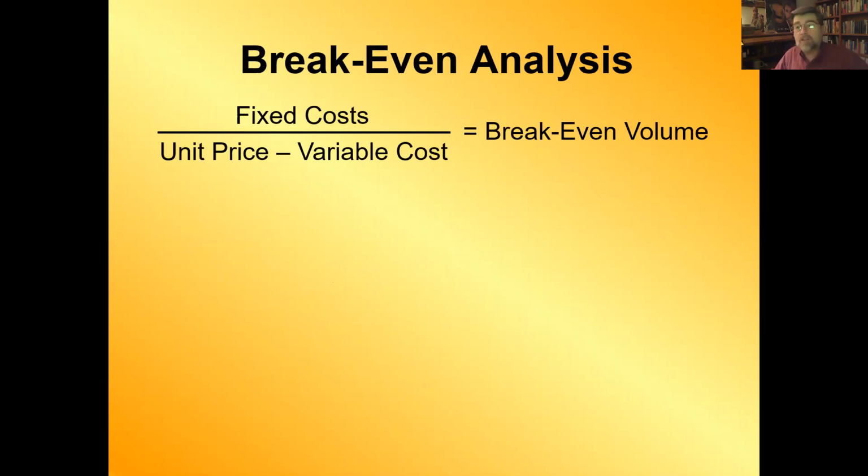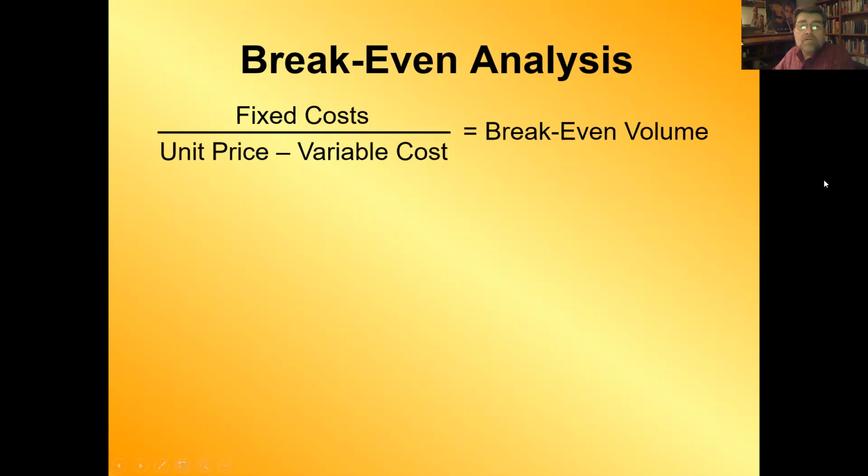The dollars will actually cancel out, and so we'll get a break-even volume. I've often asked students to run this calculation, and they give me an answer in dollars. It should not be in dollars. This is to determine how many units we have to sell to break even.